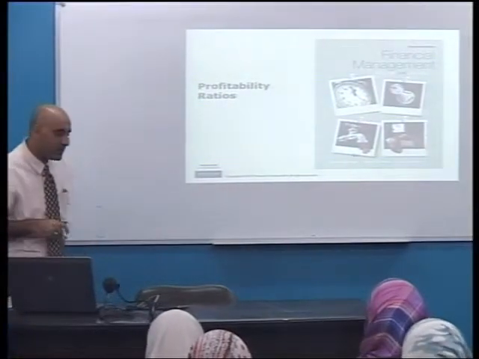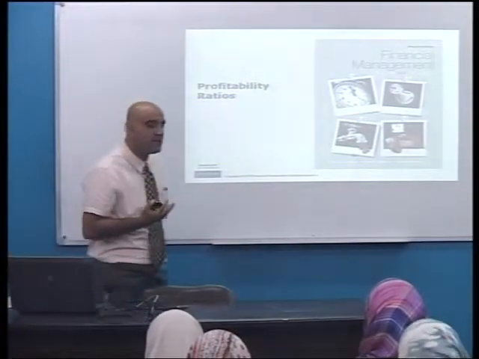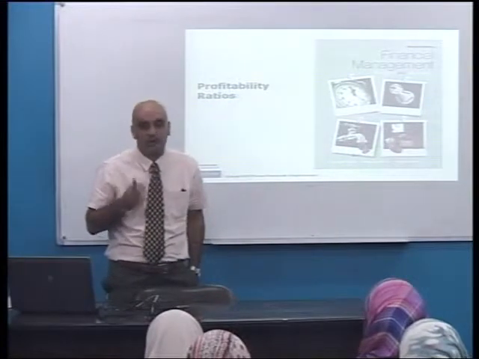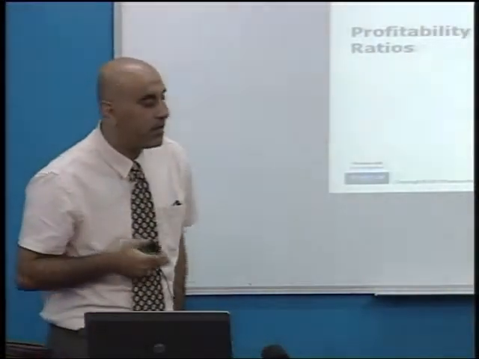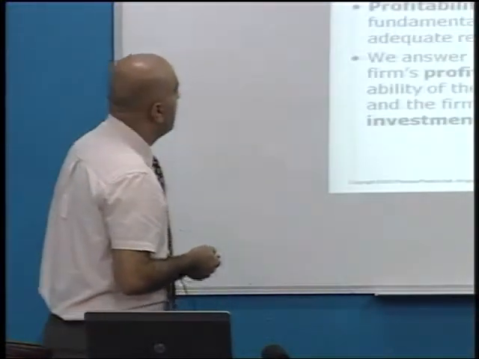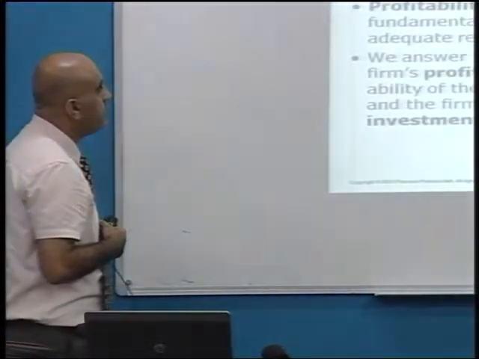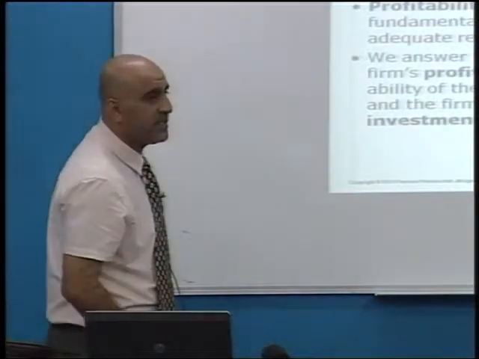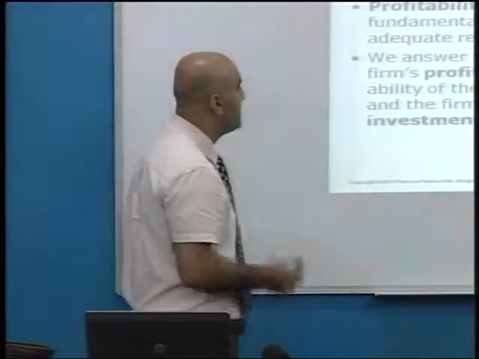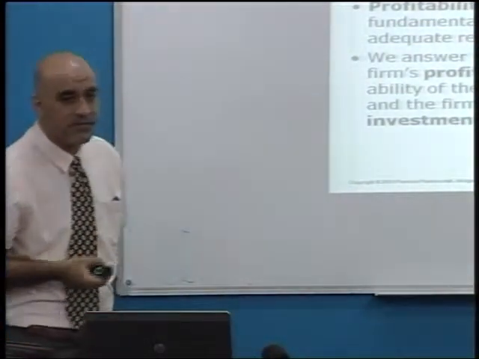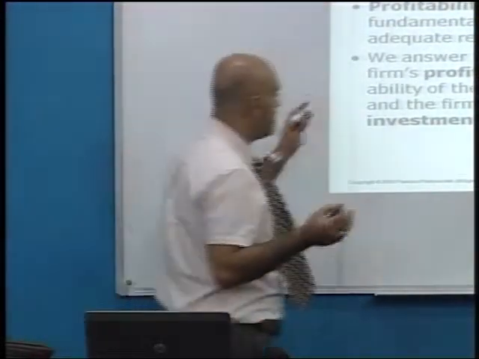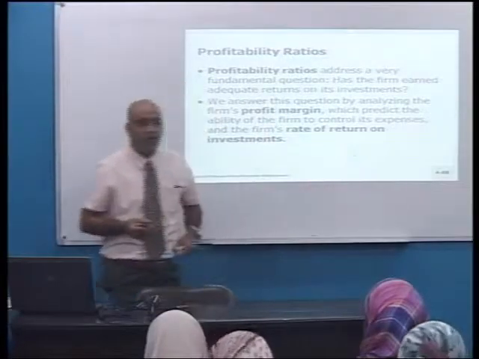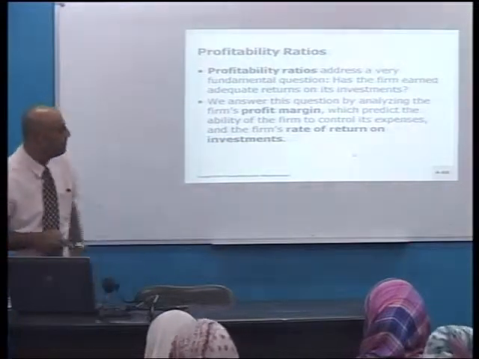The second thing, the profitability ratios help us look at the cost, or do cost control on the expenses. So it addresses a very fundamental question: has the firm earned adequate returns on its investments in terms of profit margins, return on investment, or return on equity?